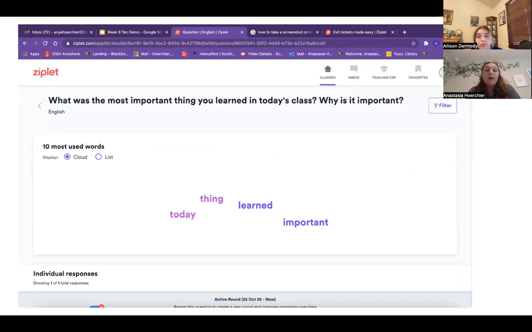This could be helpful if she did a question like, what did you not understand? If they said synonyms or antonyms, and they could write that, then she'd be able to see this is what they didn't understand and this is what they did. And then if you scroll down, you'd be able to see the individual responses.